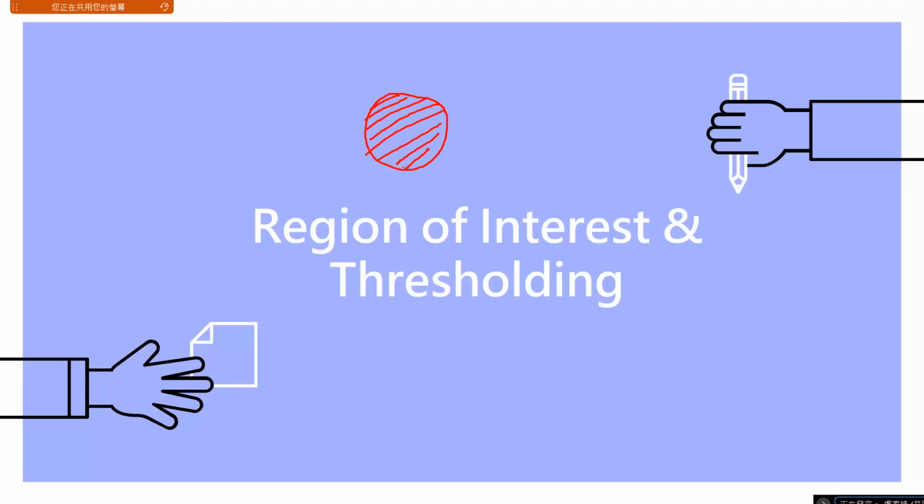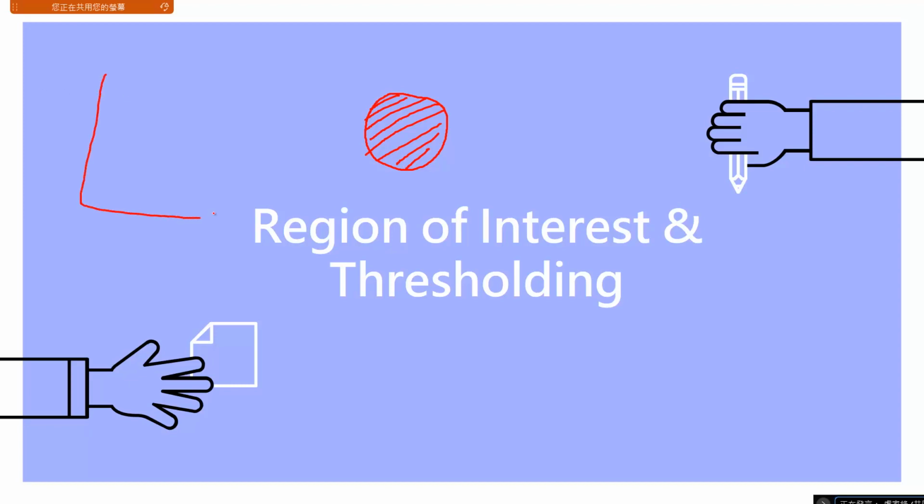I try to circle some area, and I claim this is the region that I am interested in. So you can think about this. If you are looking at, for example, an MRI, you may try to find out a lesion, a bad thing, or an abnormal thing from the imaging. Right?